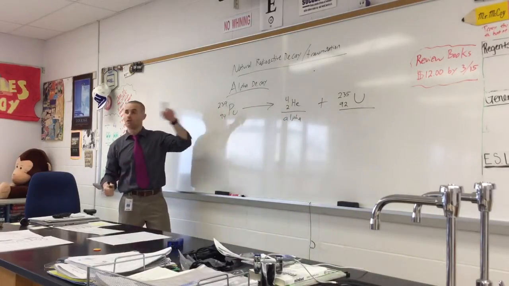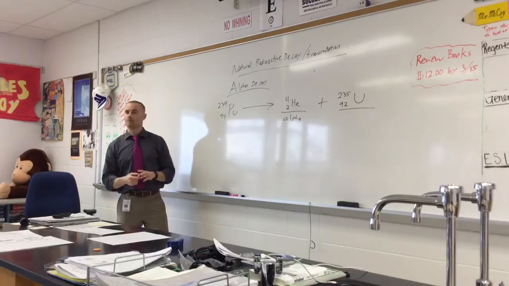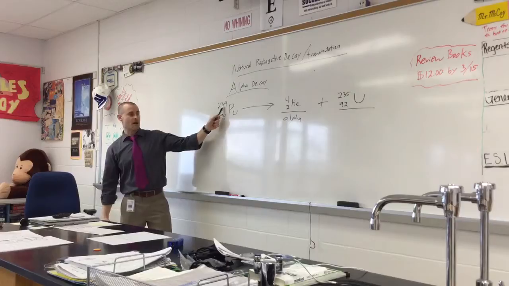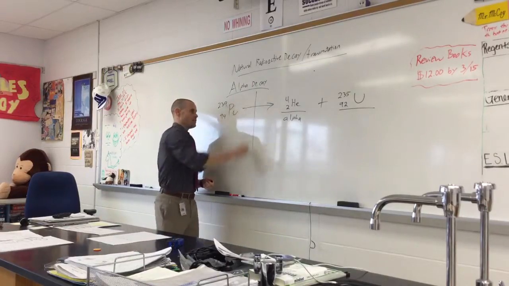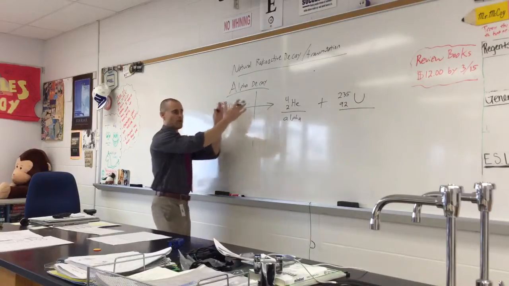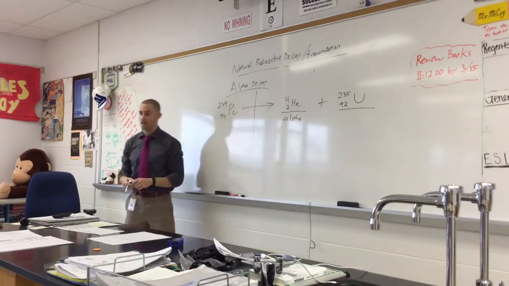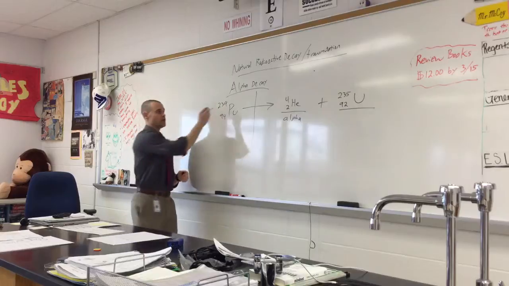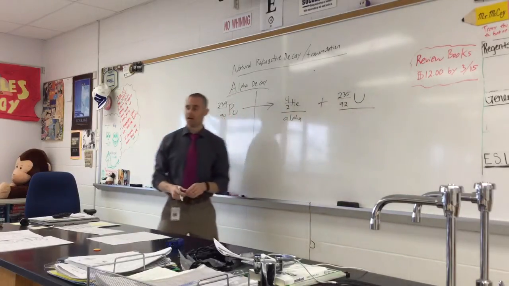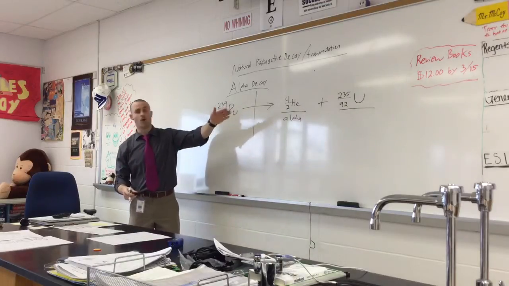Here's how she got that, so pay attention. Because the next 2 I'm going to go a little quicker to make sure we have enough time to go over what you need to do for the homework. 239 is the mass. So again, I do this sometimes just to mentally separate it. This side has to equal this side as far as the mass and the atomic number. They have to balance. So if we have 239 here, I need these 2 numbers to add up to 239. 235 plus 4 is 239.